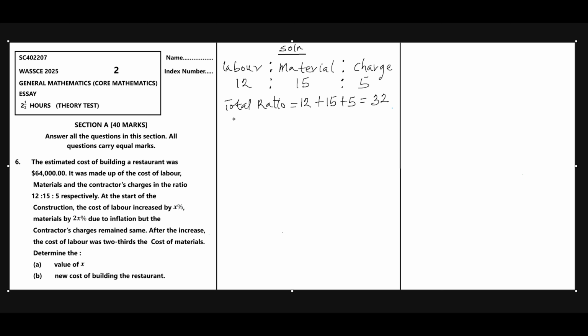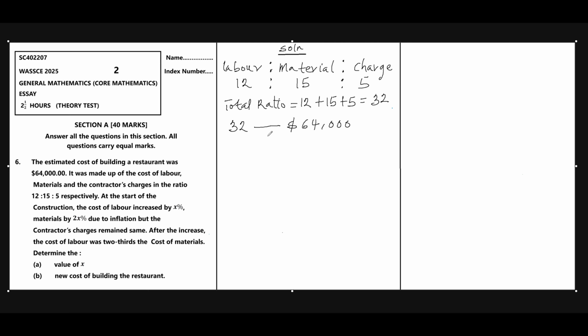So the total ratio, which is 32, must be equivalent to the total estimated cost of building the restaurant, which is $64,000. So total ratio goes with total cost. So 32 goes with $64,000.